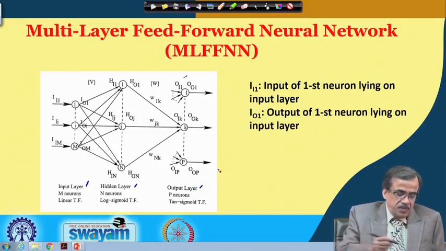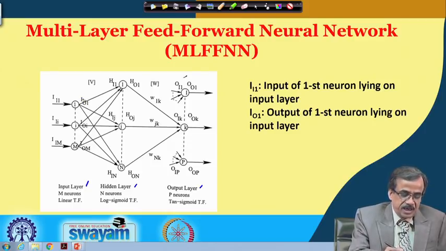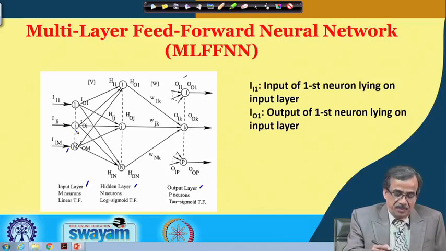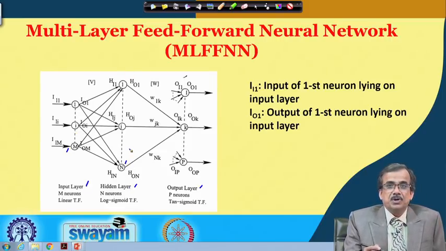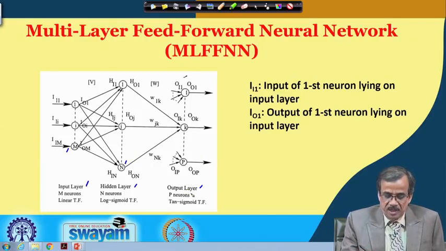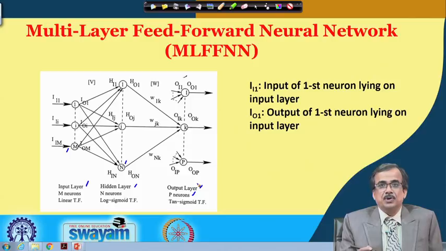Now, here on the input layer we are going to consider capital M number of neurons. Similarly, on the hidden layer we have got capital N number of neurons, and on the output layer we have got capital P number of neurons.